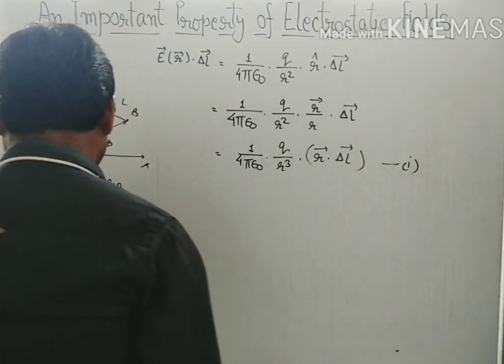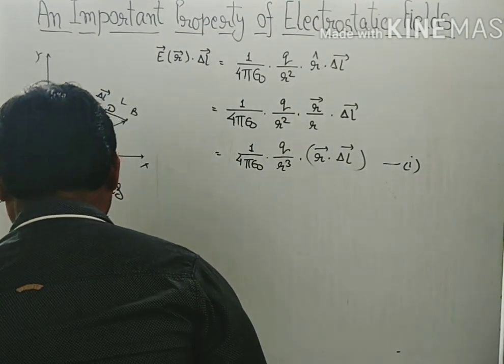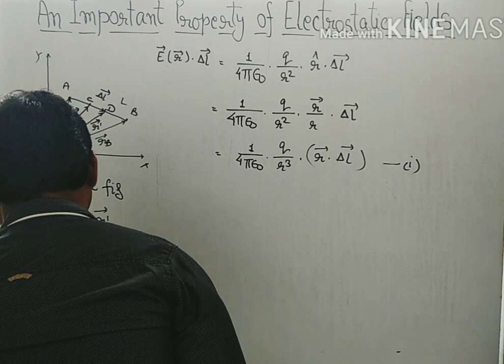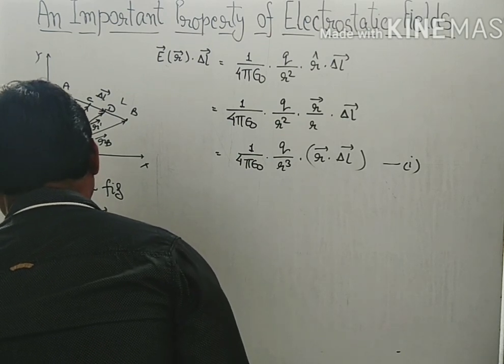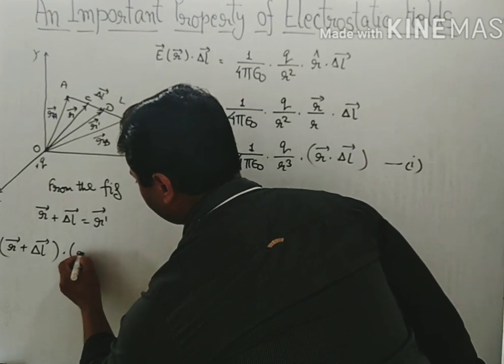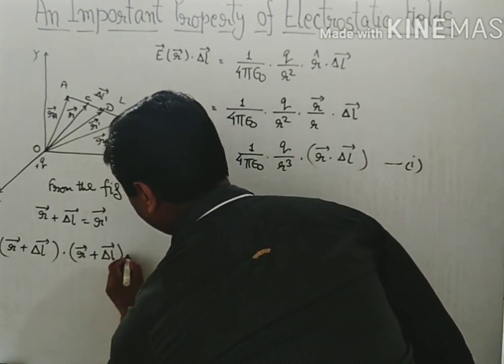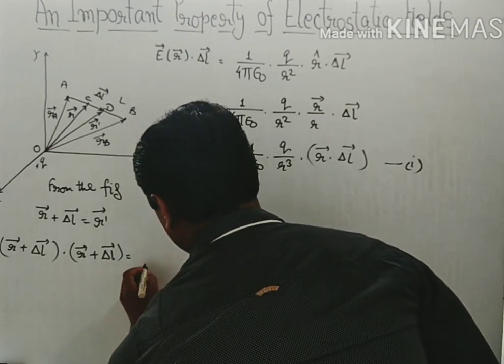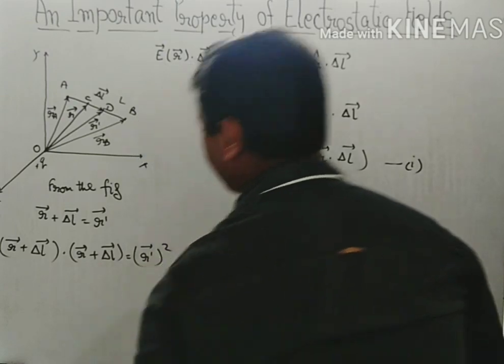Now here, let's take the square of this. So taking the square, we have vector r plus delta L vector, dot vector r plus delta L vector, and this will be the value of r prime square.